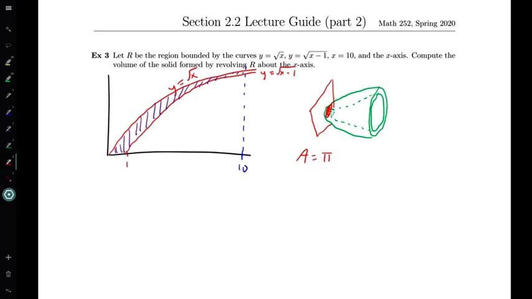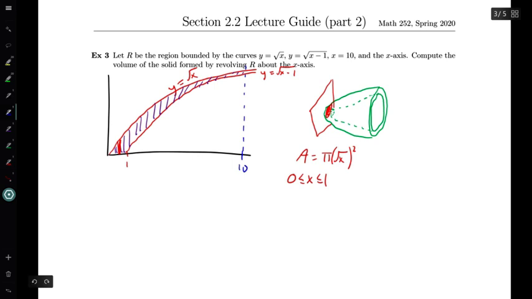Its radius here is the y value on the function y equals square root of x. The reason that we're looking at that is that one of these cross-sectional circles here intersects the xy plane as a vertical line here. We're thinking about x values between 0 and 1 here. So its area then is going to be pi times its radius squared. Its radius is the square root of x, and so its area is going to be pi times root x squared.